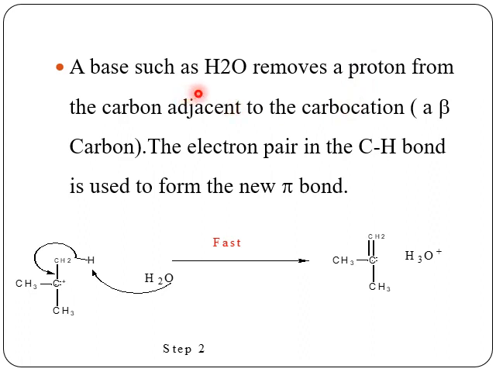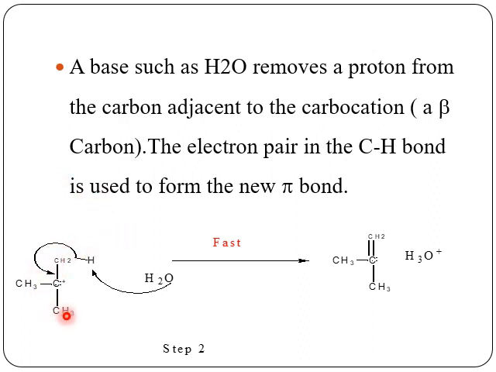Then a base, in this case H2O, removes a proton from the carbon adjacent to the carbocation. This is the carbocation, and this is the carbon adjacent to it, and the proton is removed from that carbon.